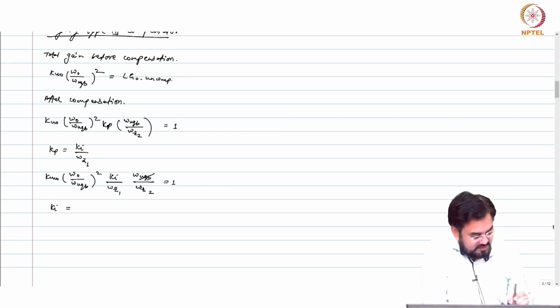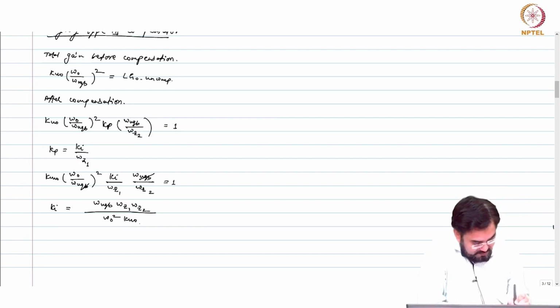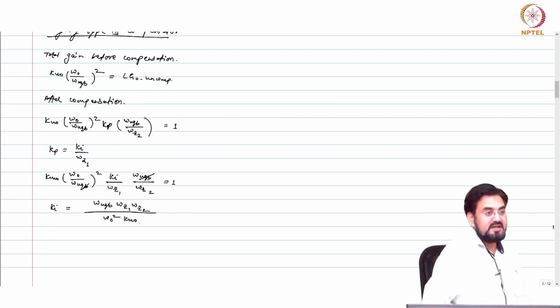So one of these will cancel out, okay. So you will get Ki equal to omega UGB omega Z1 omega Z2 divided by KU0. Correct?